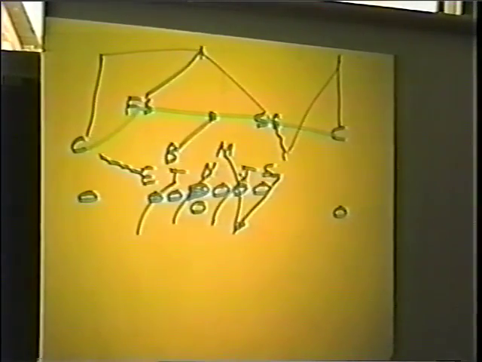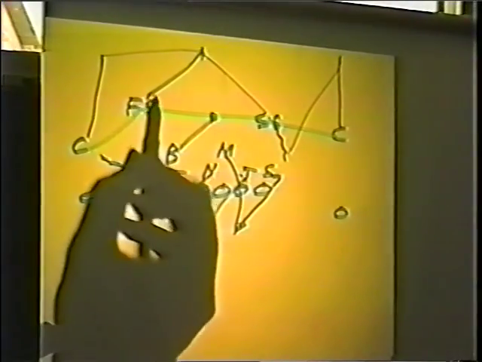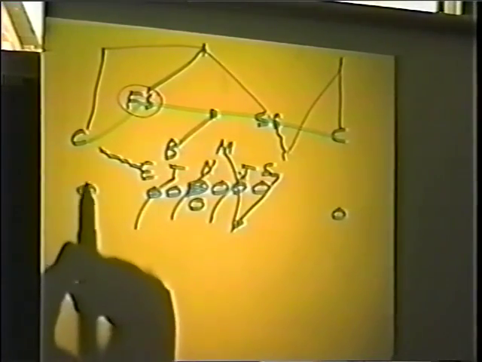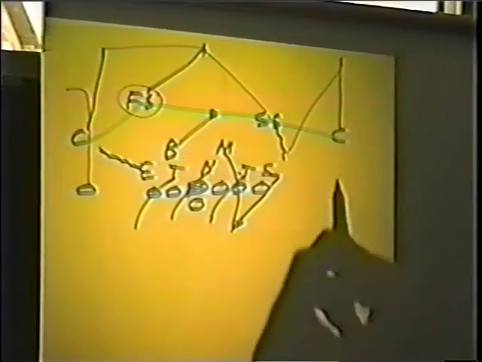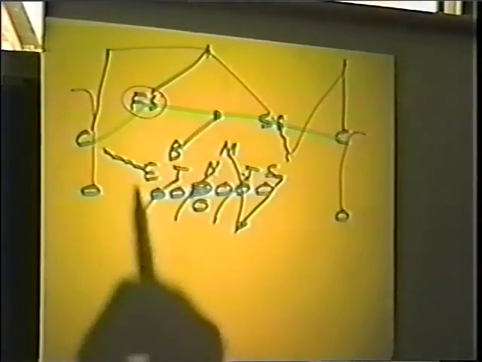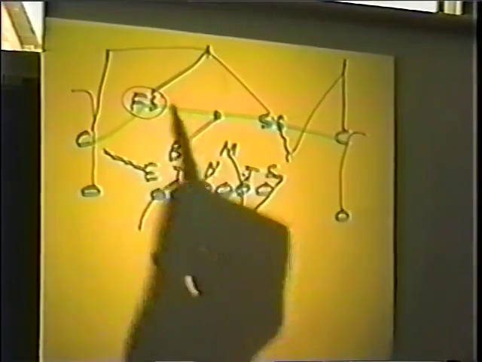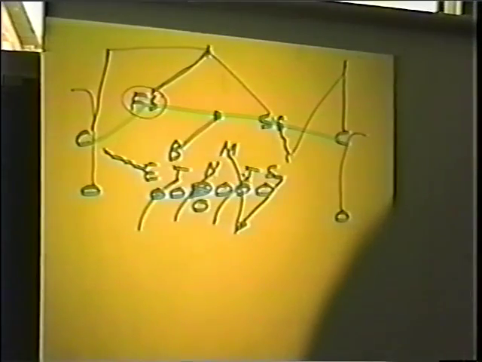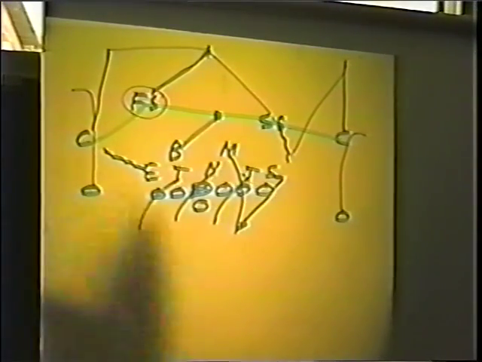And for us, that's why we read on a lot of our passes, we read the free safety, almost all of our passes. We read the free safety to know where to go with the ball. Because we had some stuff, we had some things where we were running outs on both sides, or we were running curls on both sides. And what ended up happening was the safety, by where he ended up going, told us where to go with the ball for two reasons.